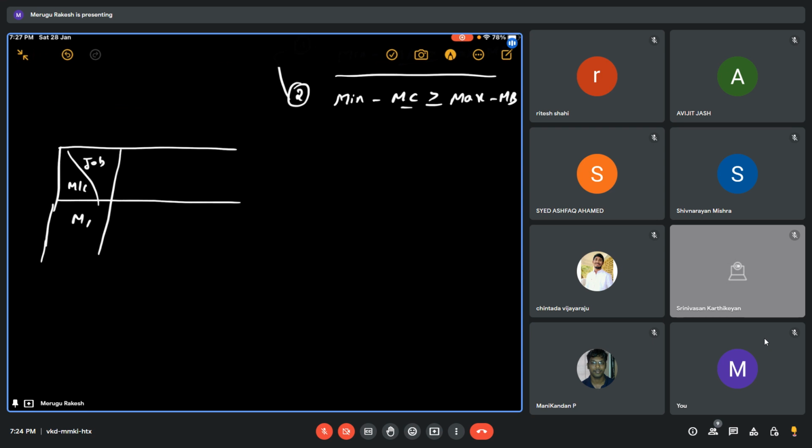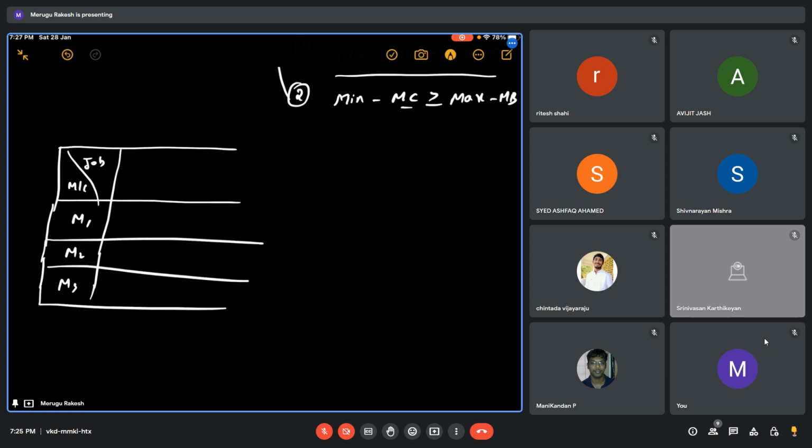In this case we have 3 machines, and we have 6 jobs: J1, J2, J3, J4, J5 and J6.